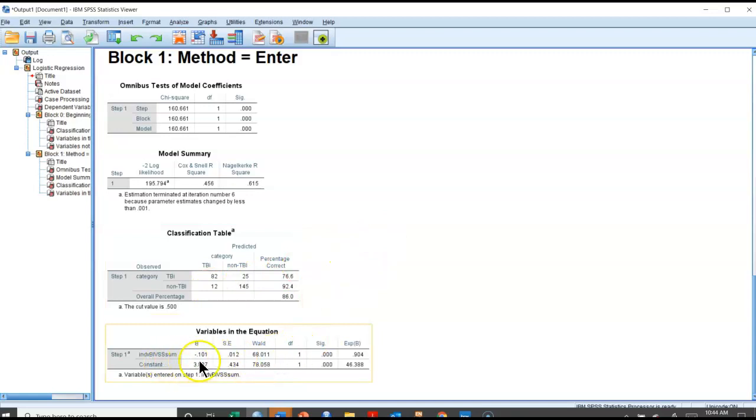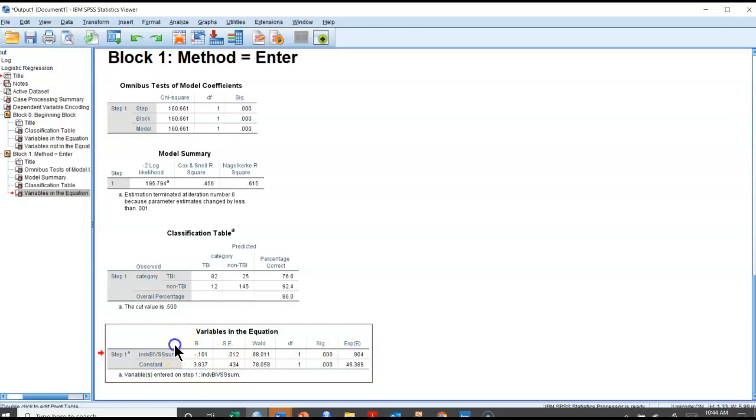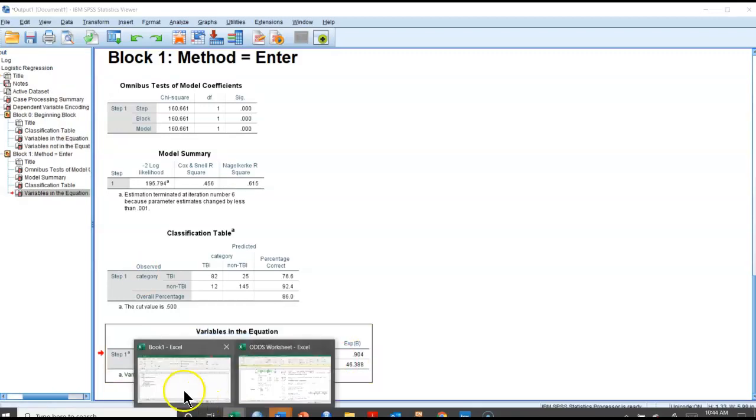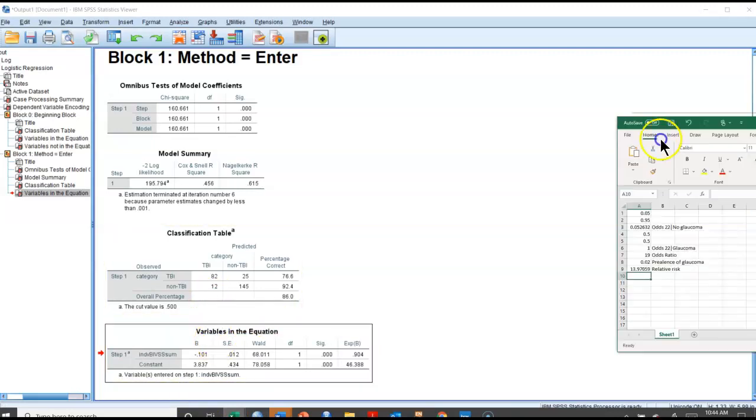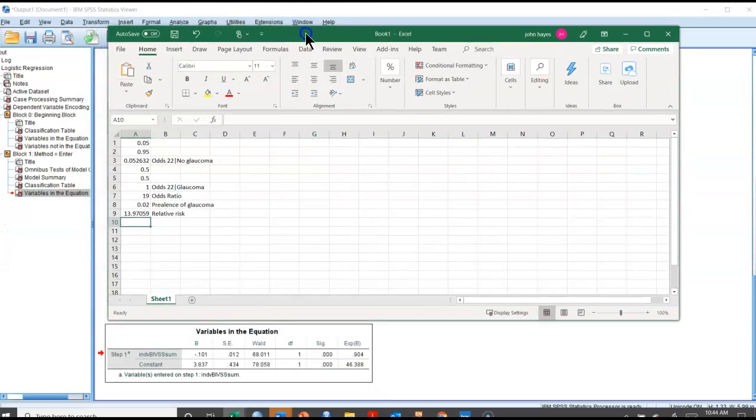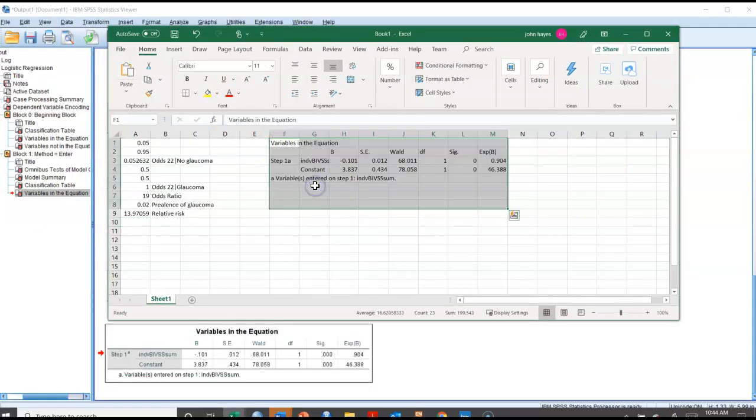All right, now here is our equation. This is our y equals a plus bx. Let's copy this and put it into Excel. Here's a little worksheet I did to get the first slide up. So here is our regression equation, a constant, y equals a plus bx.